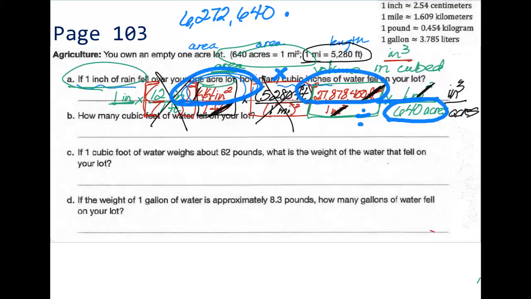And that is inches to the third per acre.